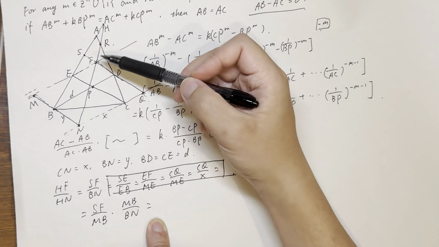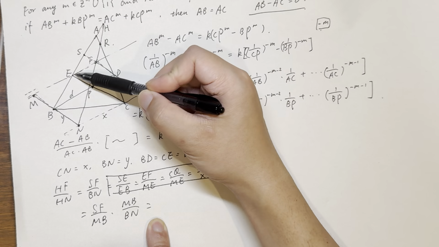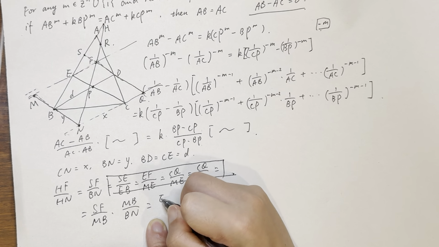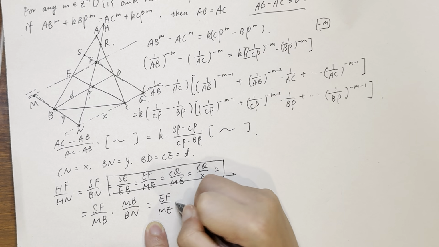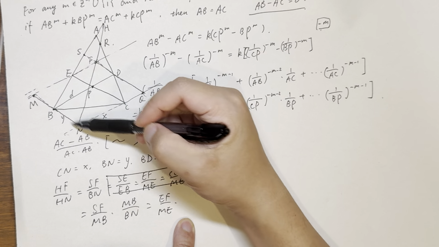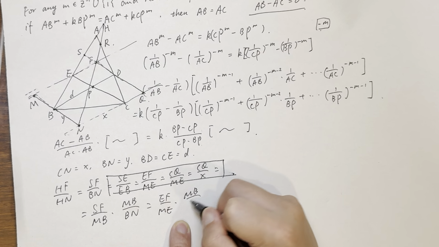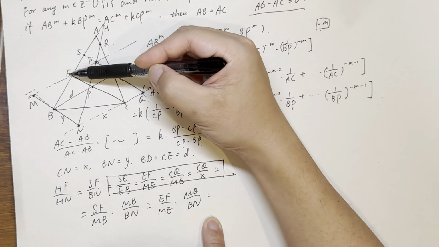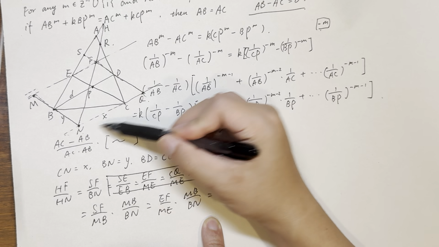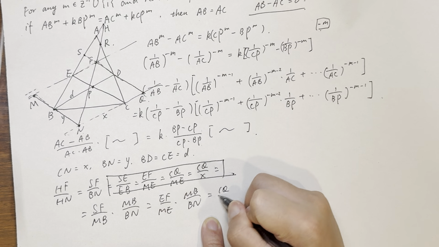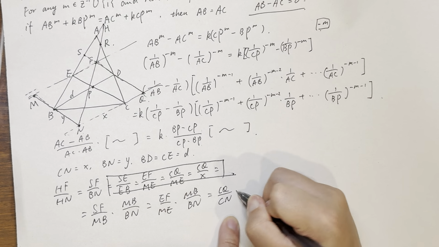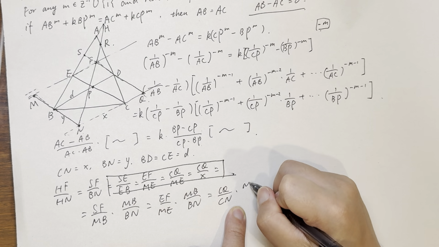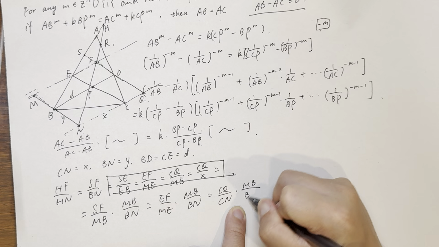Now SF to MB is EF to ME, so EF to ME times MB to BN. EF to ME equals CQ to CN times MB to BN.